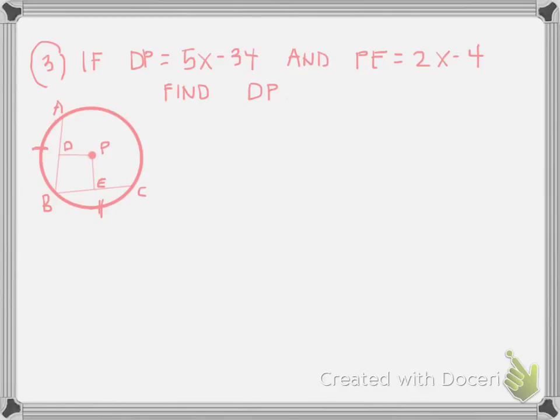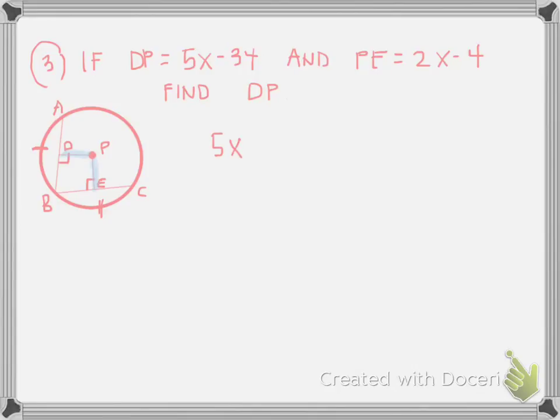It also tells you, well, I didn't draw them, but these are right angles here. So a perpendicular chord bisects a chord and its arc. So these two distances, DP here and PE, would be congruent.